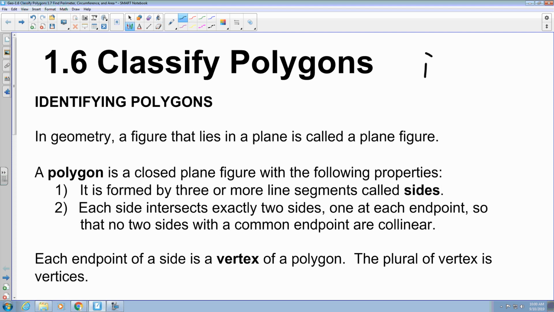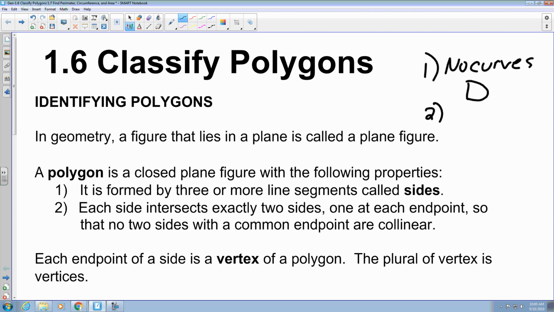First, in order for it to be a polygon, you can't have any curves, so no curves. So if you have this kind of shape, that's not a polygon.